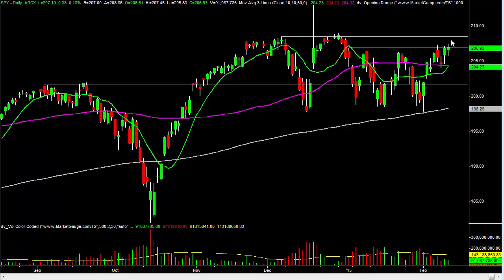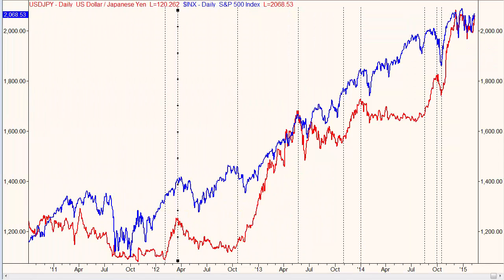So the idea behind this is that if the yen, which is the dollar yen, which I have here in red, is rising, then the markets have a higher appetite for risk and global growth, and that should be positive for stocks. So I've got the INX, the S&P 500 in blue, and dollar yen in red.